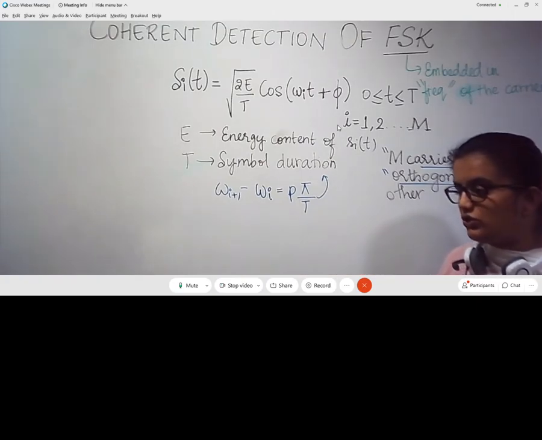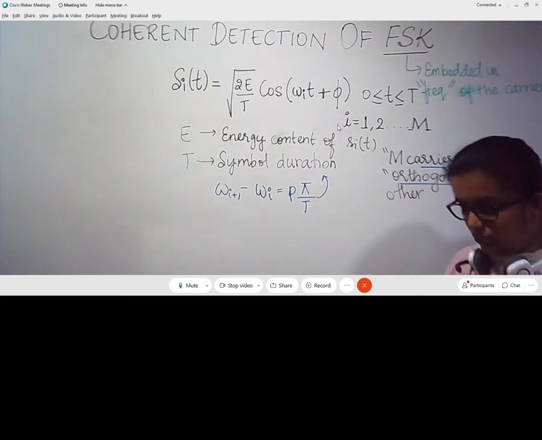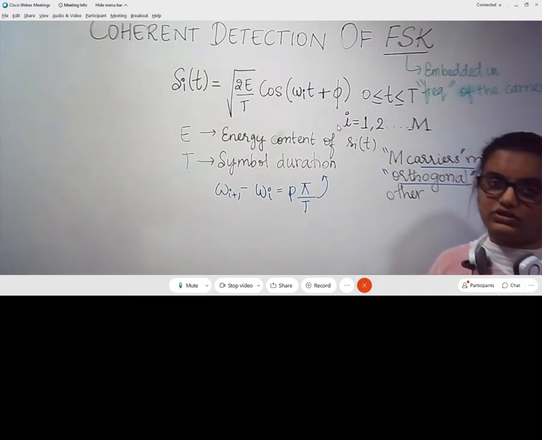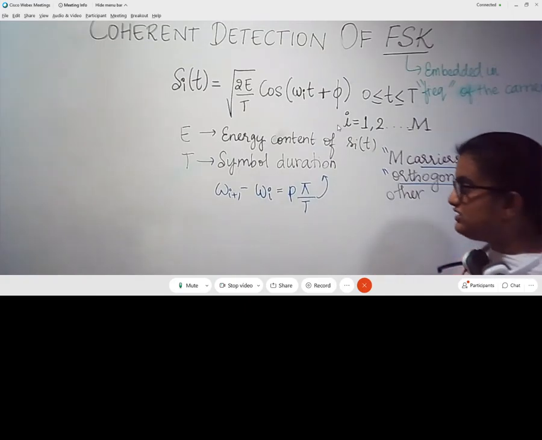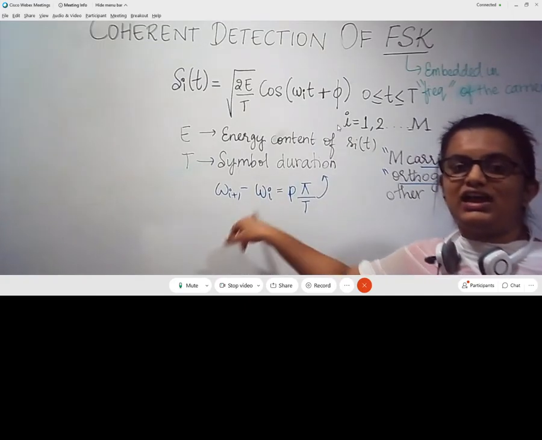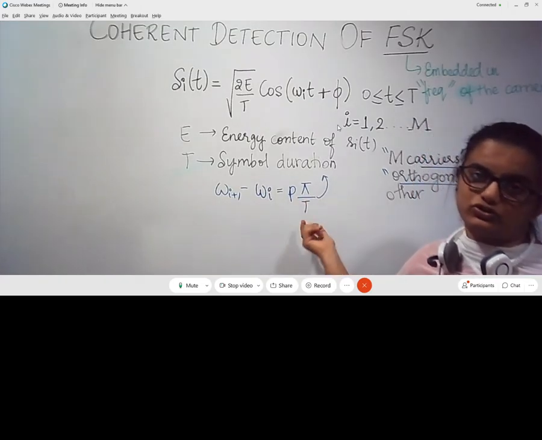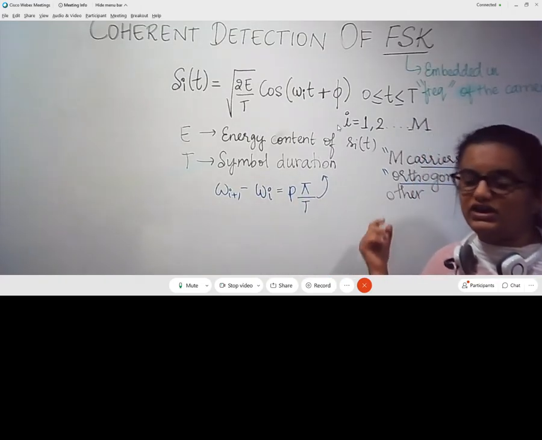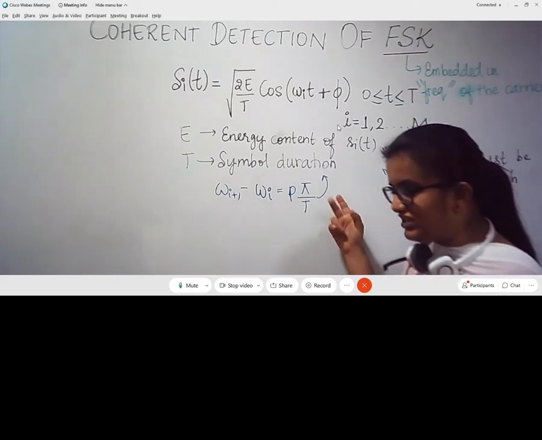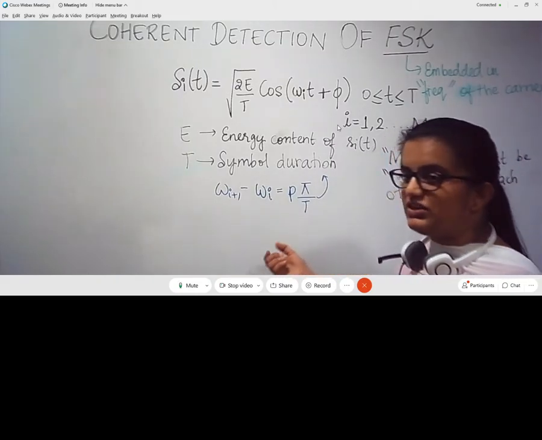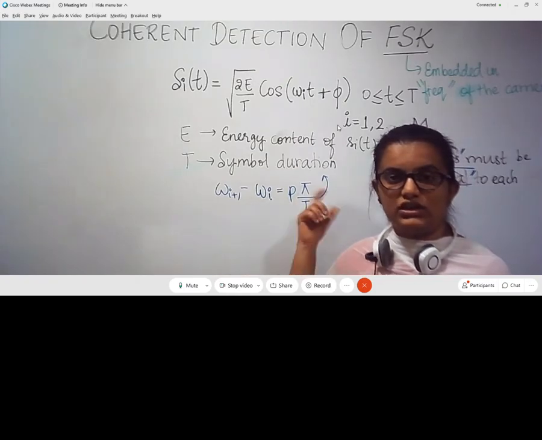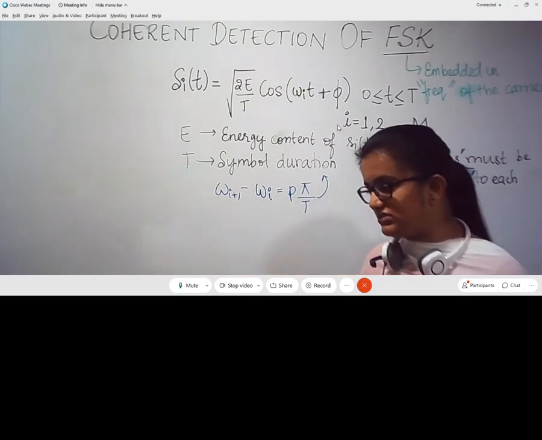This helps us in using frequencies that are orthogonal to each other, and also consume less bandwidth while using M-ary FSK. So this helps us in fixing the carrier frequencies to represent M different symbols.